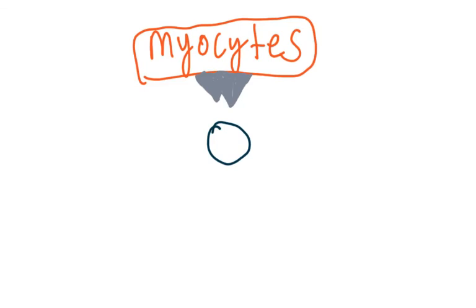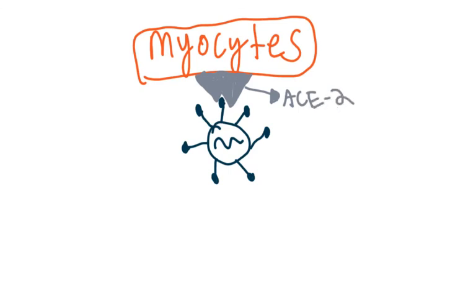It binds its S spikes onto the ACE2 enzyme of the type 2 pneumocytes of the lungs, or the alveoli. Let's label this: this is the ACE2, angiotensin converting enzyme type 2 receptor, and that's how the virus enters into the type 2 pneumocytes. Well, it turns out that the heart myocytes also have these ACE2 receptors. This is why they found out recently that it affects the heart also.